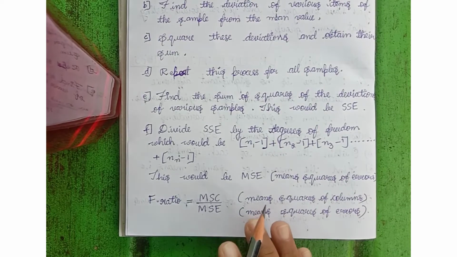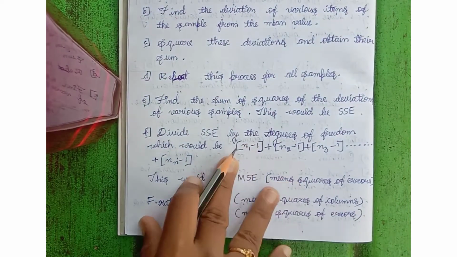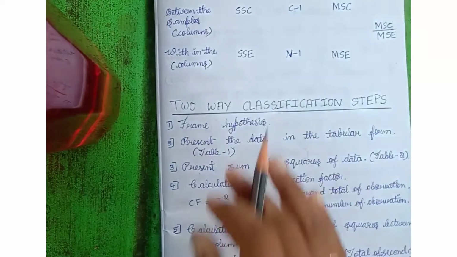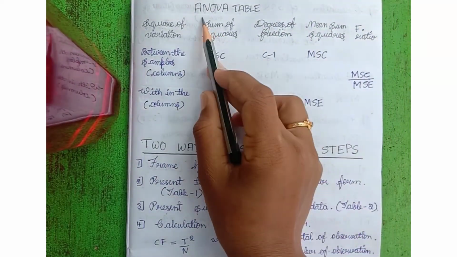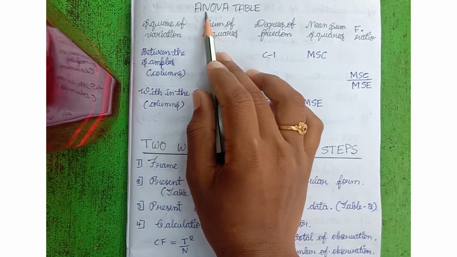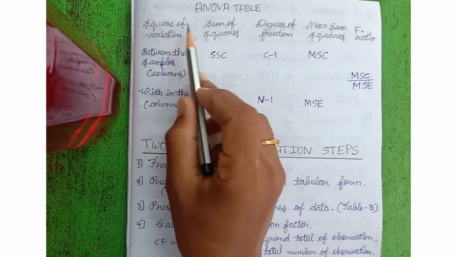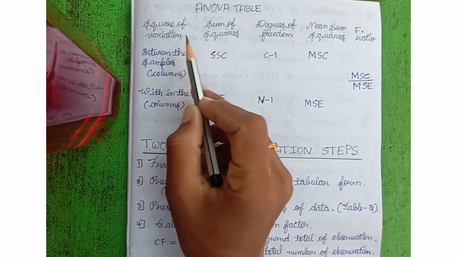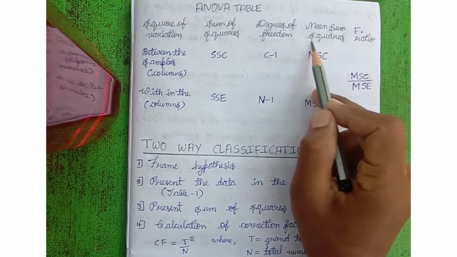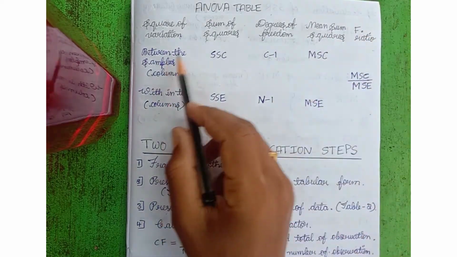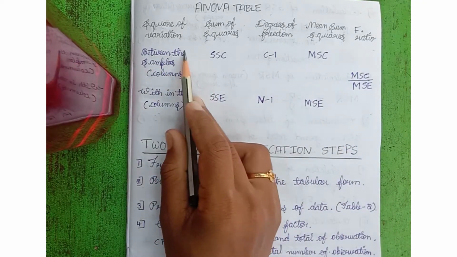So I think you'll come to know when I take a problem and explain this. Just learn by heart or understand the steps. Next, finally, we have to make the ANOVA table. We just have to present the data in the ANOVA table: source of variation, sum of squares, degrees of freedom, mean sum of squares, and F ratio. So this is the table of how we will present it.